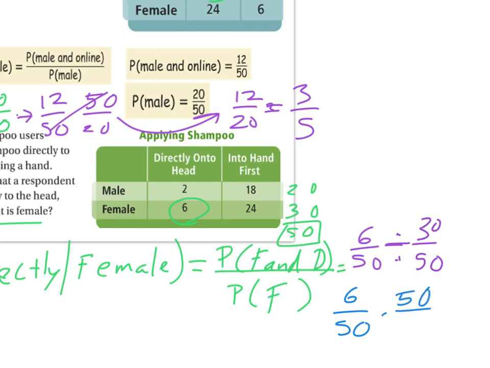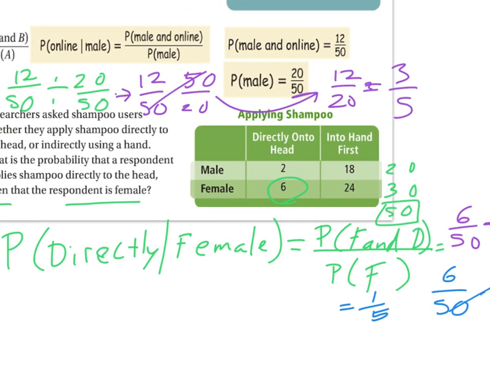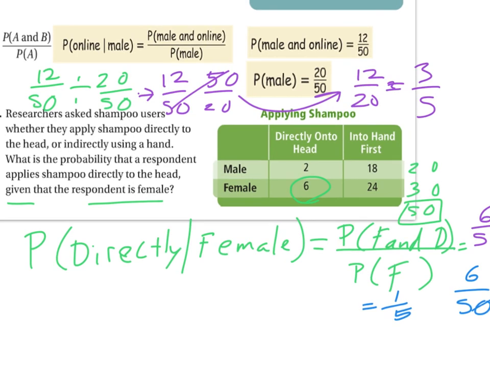So 50 over 30, the 50s cancel. We're left with 6 out of 30, which is 1/5. So you get 1/5 or 20% chance that the respondent applies the shampoo directly to their head, given that the respondent is female.